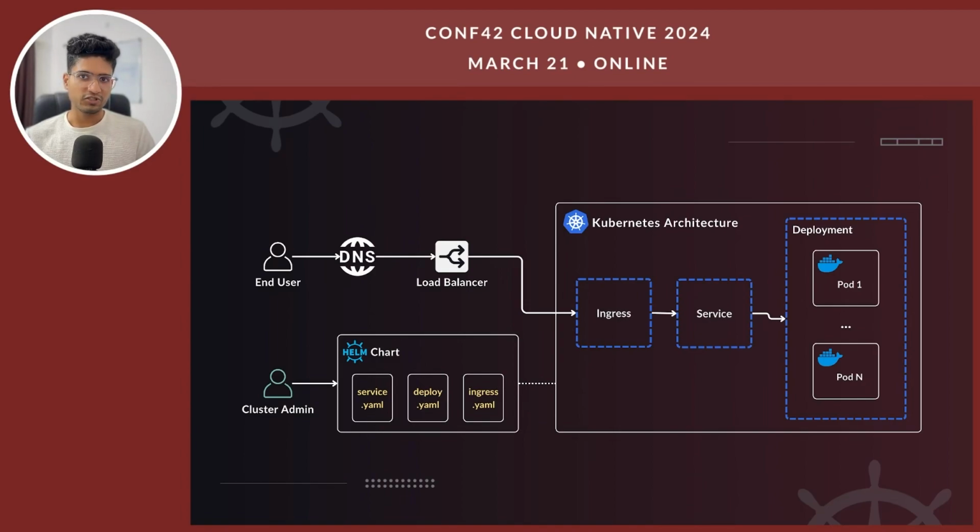And that routes it to the service responsible for the application in Kubernetes, and the service then finally routes the traffic to the deployment. We also have our cluster admin, which is responsible for maintaining the deployment, the service, and the ingress of the application. So this is just a brief overview of the Kubernetes architecture as a prerequisite for the later stages, specifically the demo part of the video.